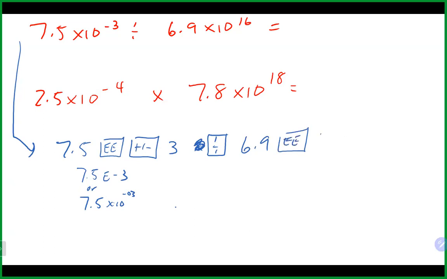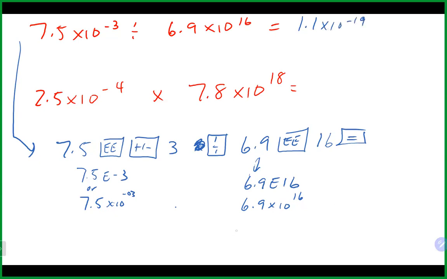This is a positive exponent, so I just need to hit 16. It should look something like this on your display. Then obviously hit equals. It's going to give me something like, with a little rounding, 1.1 times 10 to the minus 19.